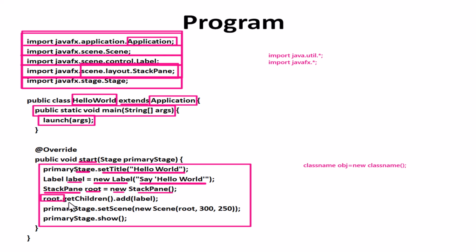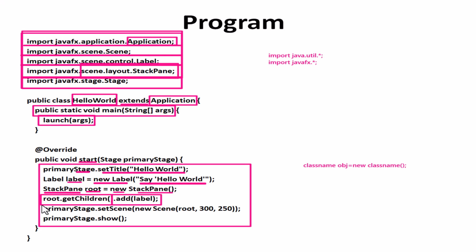By using root, we get the children and add the label, so the labels will be added on the stage. Root is the parent and we get the children. We consider label as a child.